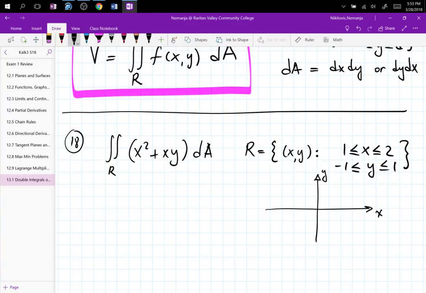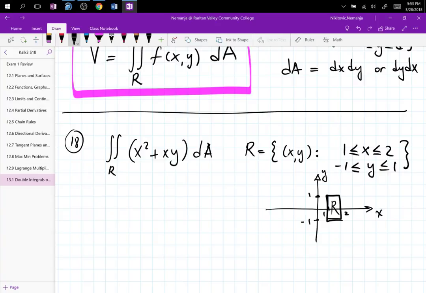And I have, as you can see, y's going from negative 1 to 1, and x's going from 1 to 2, so this is the region. That's R. You see that y is trapped between negative 1 and 1, and x is trapped between 1 and 2.